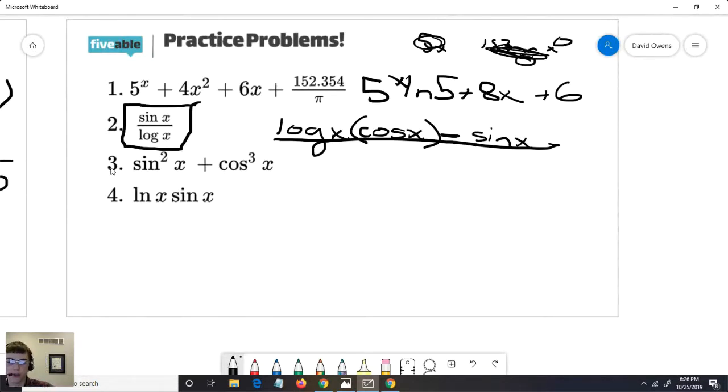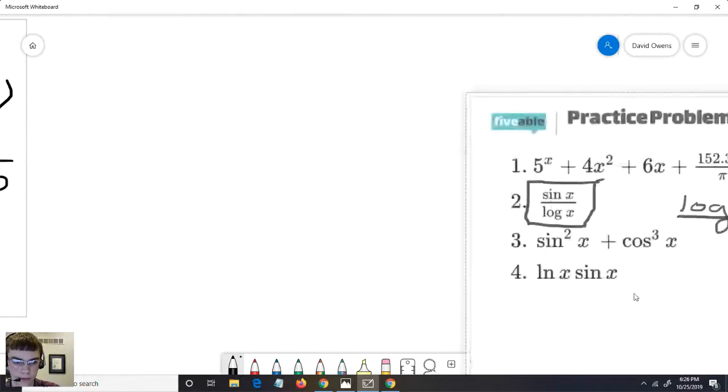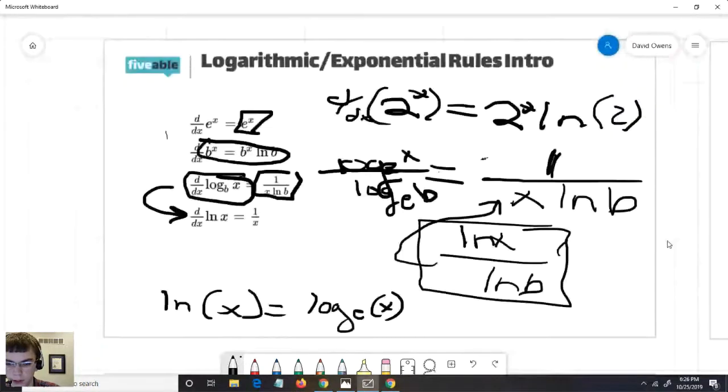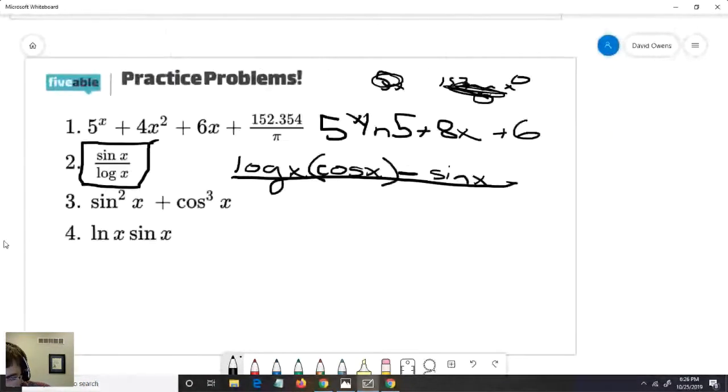All right, so we're going to multiply this by the top times the derivative of the bottom, which is just going to be, using this rule, 1 over x times the natural logarithm of the base.